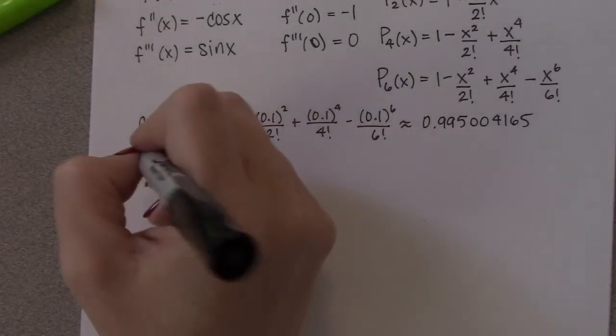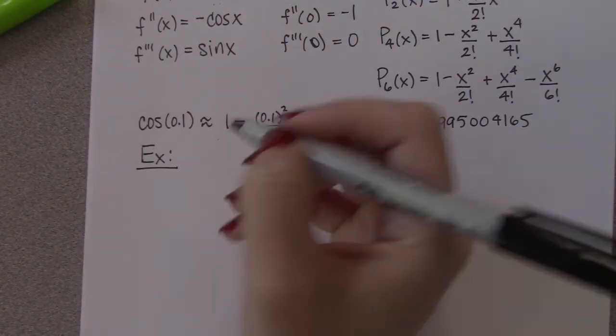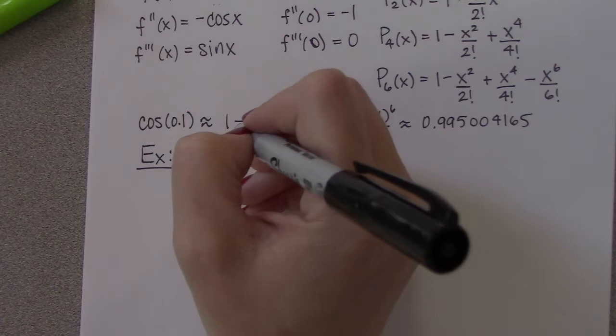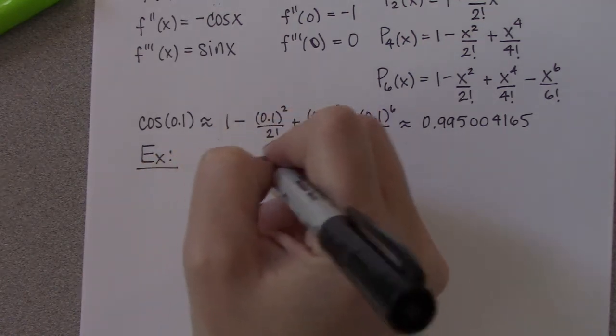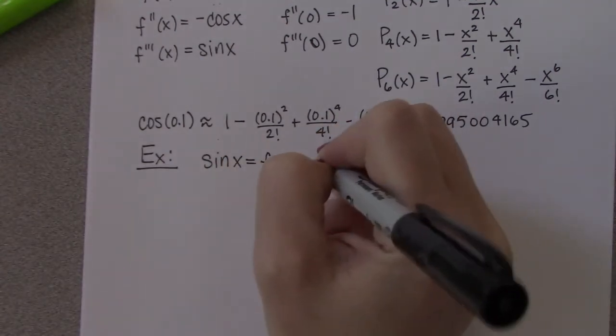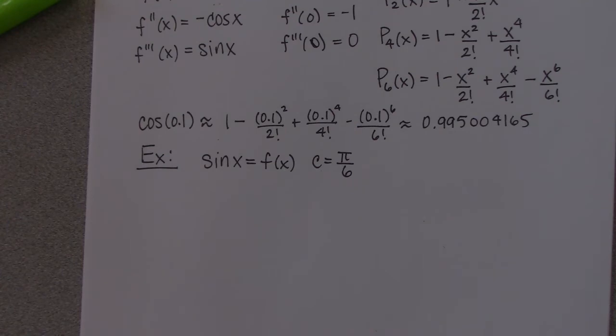All right, so let's build sine x. And this time, let's center it around pi over 6, just for funsies. So pi over 6 is 30 degrees.